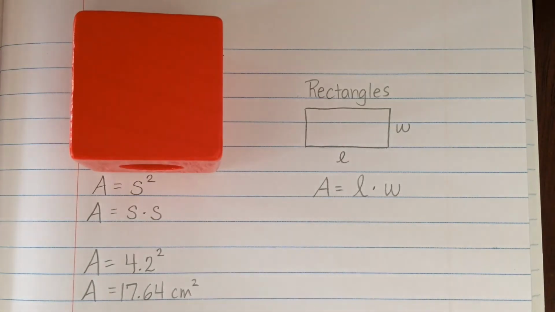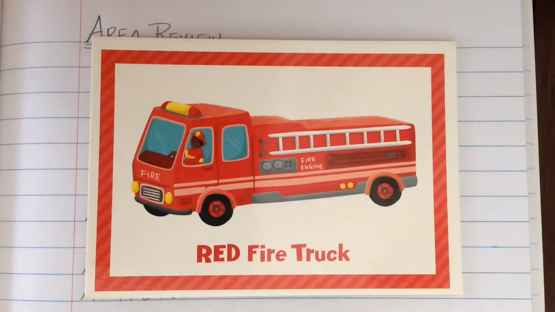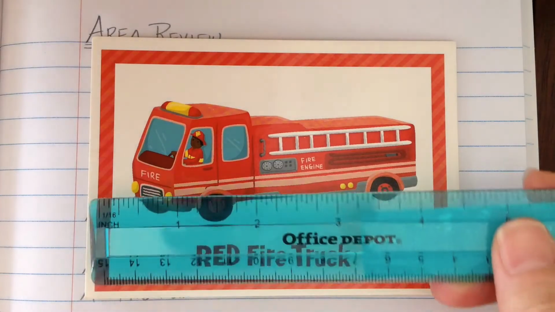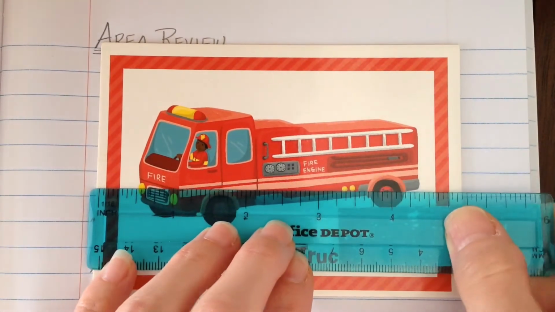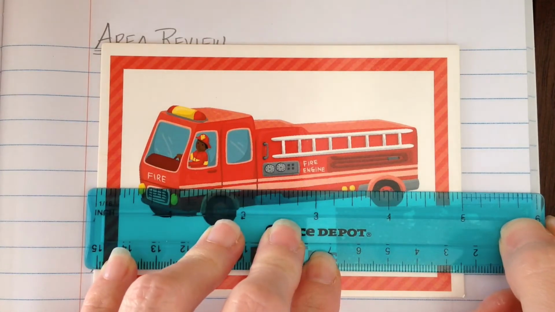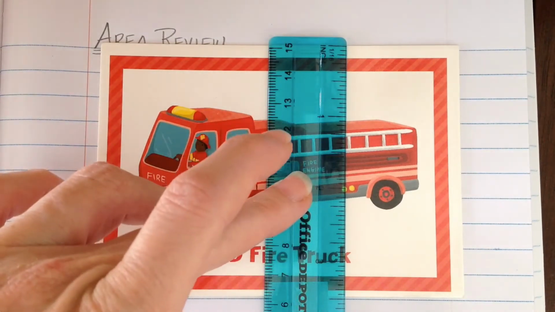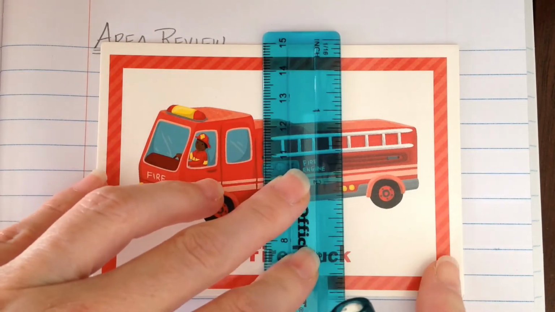All right, now again, looking around my house for some fun things, I found this little rectangle card. This one I'm going to measure in inches. When I measure the fire truck card, I get that it is 5 inches in length and 3.5 inches in its width.